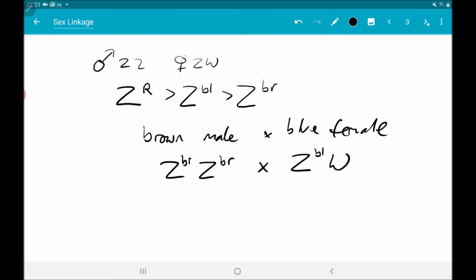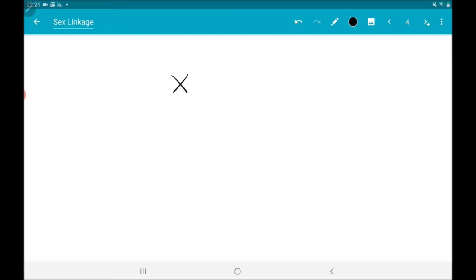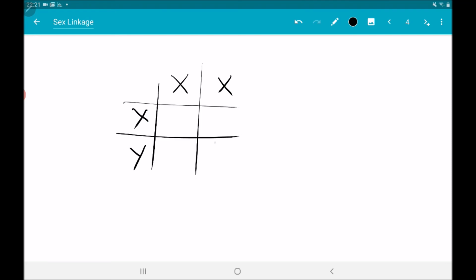With sex-linked Punnett squares, I would always do all four. Don't start changing how many you do. If you were working out whether offspring were born male or female, this is how you would do it, with two homozygous and two heterozygous.